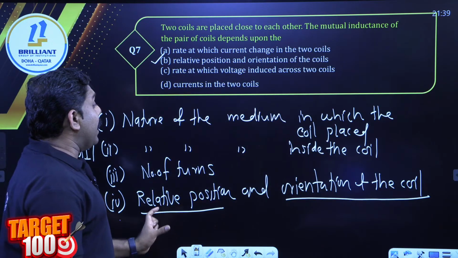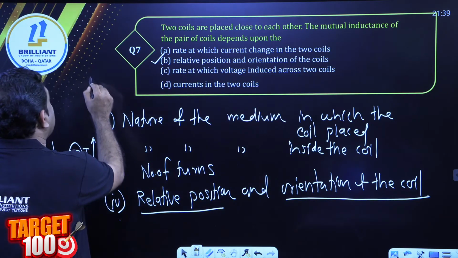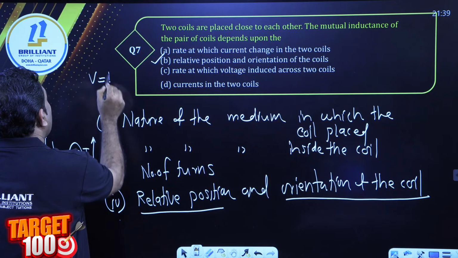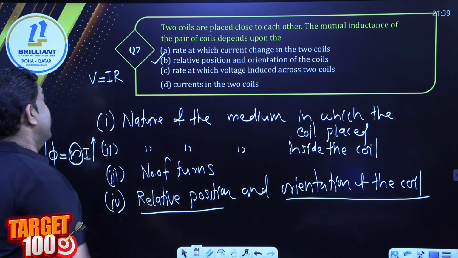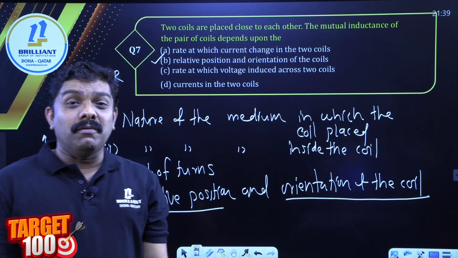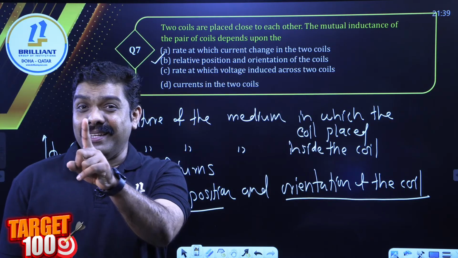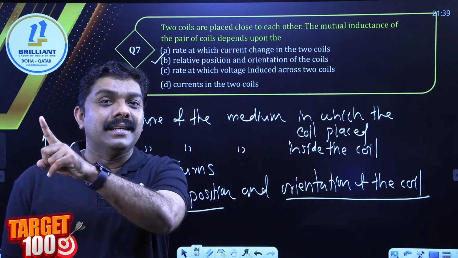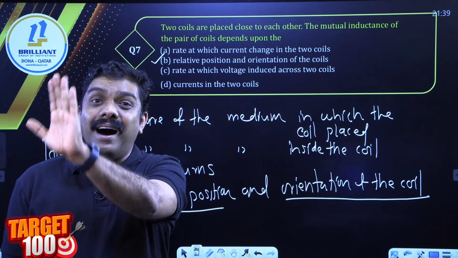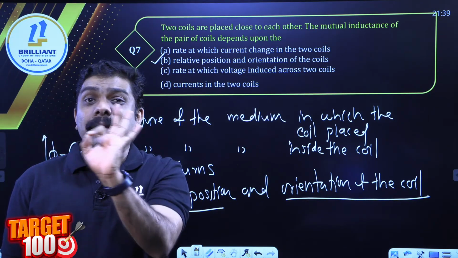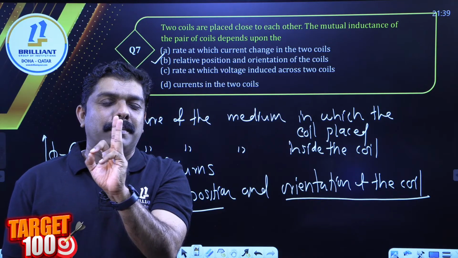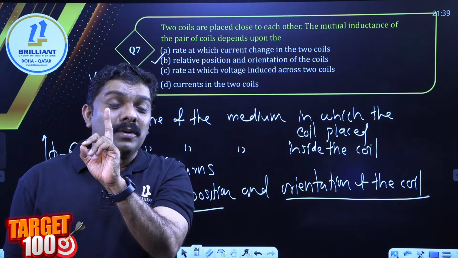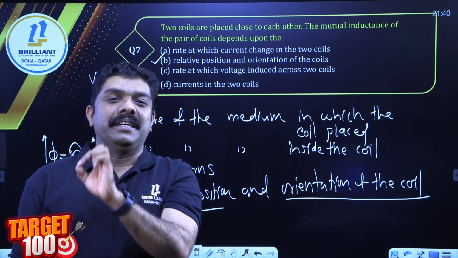Just like the idea we explained many times in the class, V equal to IR. Does the resistance depend upon voltage? No. Does resistance depend upon current? No. Because when voltage increases, current increases. R is a constant. R depends upon 3 things: nature of the material, length and cross-sectional area, and temperature.